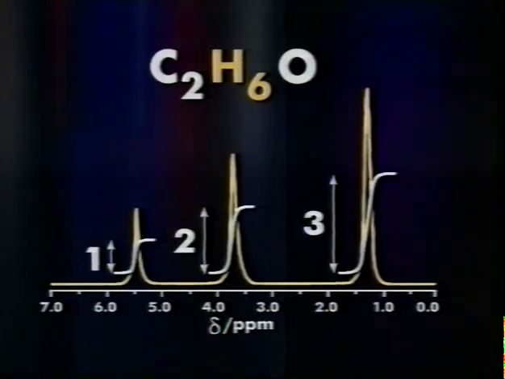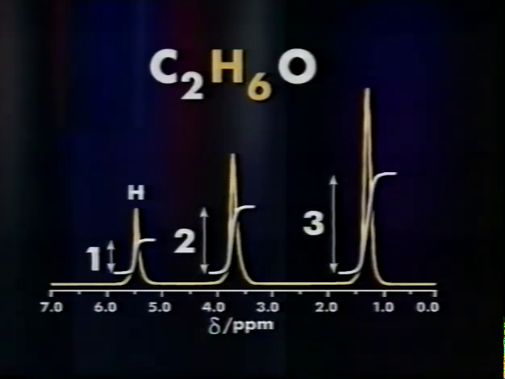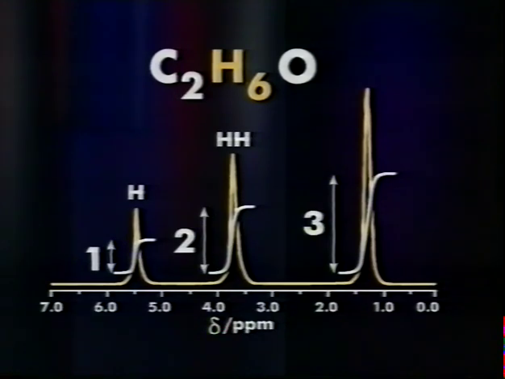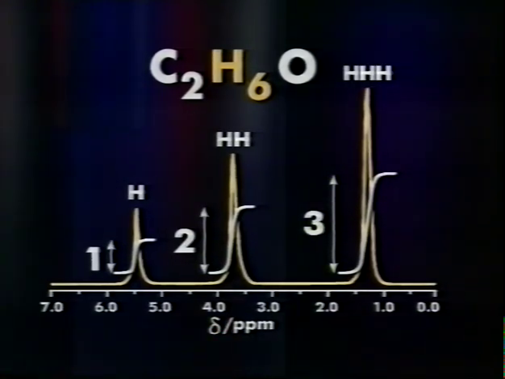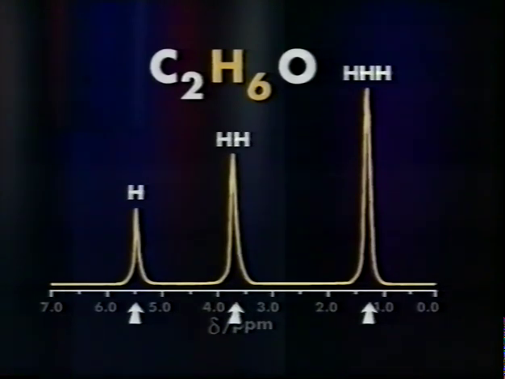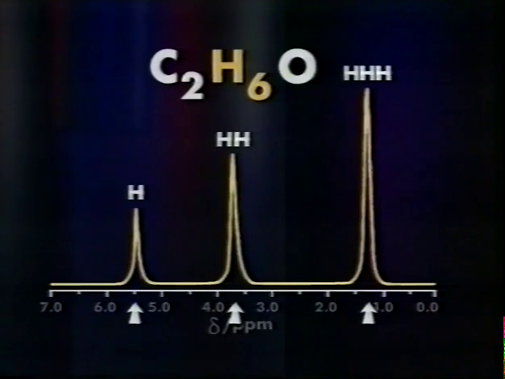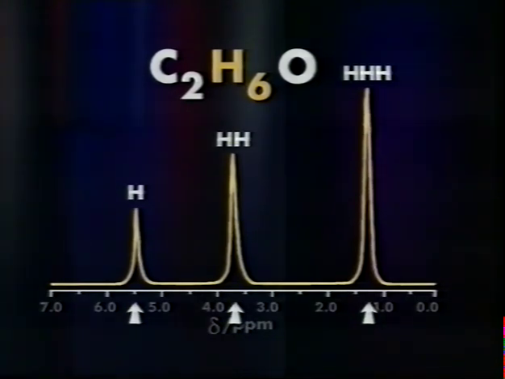Since the ethanol molecule contains only 6 protons, we can assign the peaks to 1 proton, 2 protons, and 3 protons. The position of each peak on the delta scale, its chemical shift, gives us an indication of the chemical environment of the protons involved. In general, the closer a proton is to an electronegative element, such as oxygen, the greater the chemical shift that proton will experience.